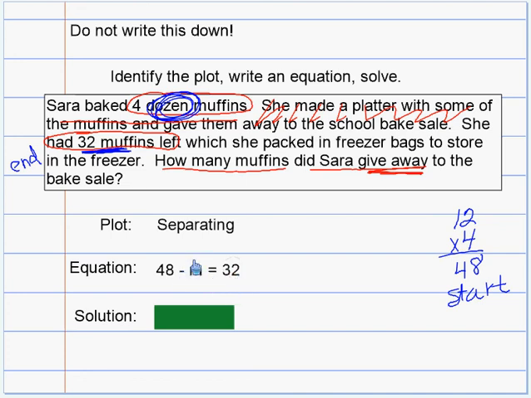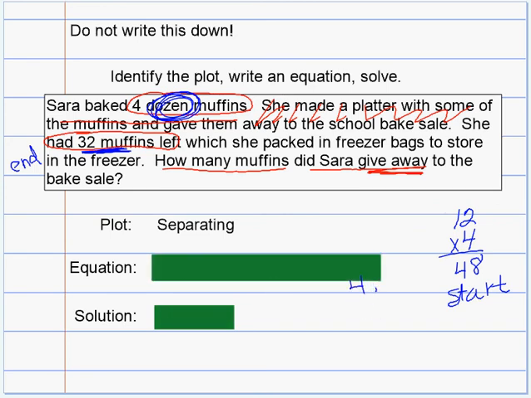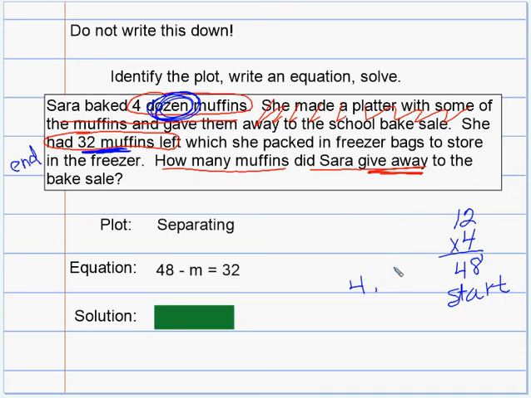And again, we're missing a subtrahend, so we would subtract. So 48 minus 32, oops, sorry about that. 48 minus 32 is 16. So we have 16 muffins. Okay, that's a quick run through for you.